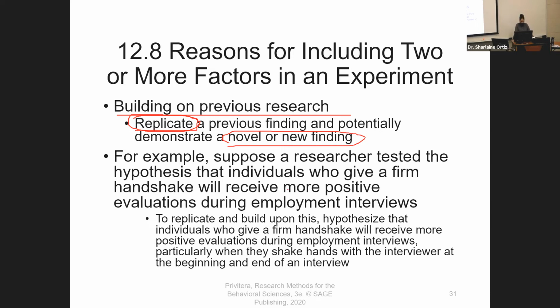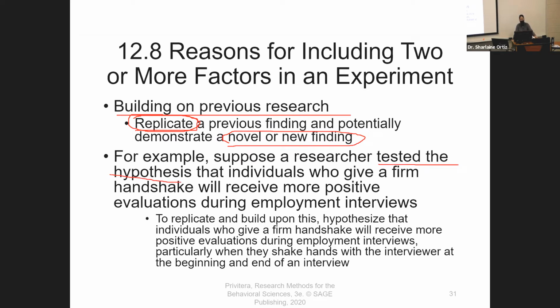Now, notice that we're going to look at one of the examples that your book has presented. Let's suppose that you are a researcher and you're interested in testing a specific hypothesis.